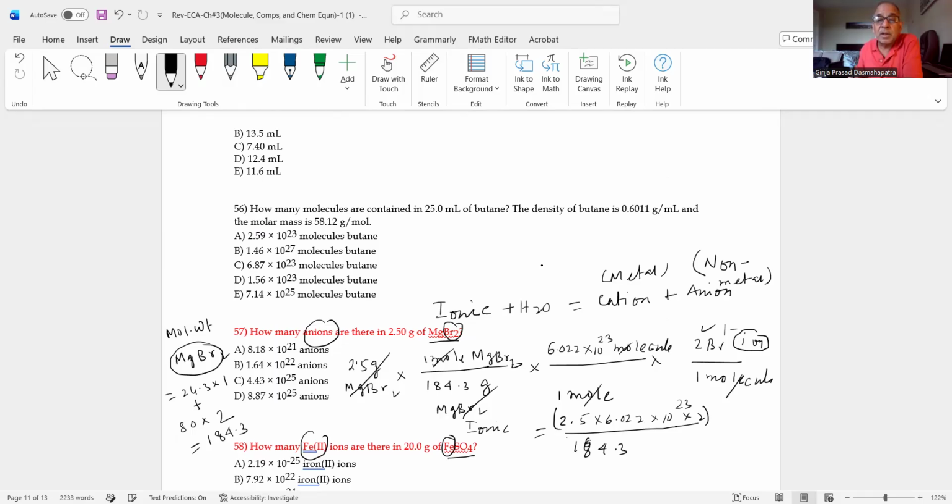So if you look at it, this will be approximately 1.64 times 10 to the power 22 bromide ions. Okay. So this is the way to calculate.